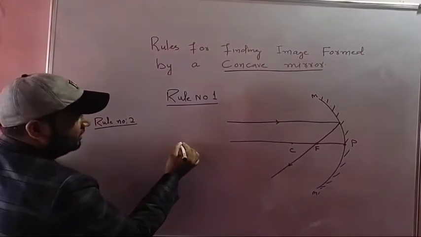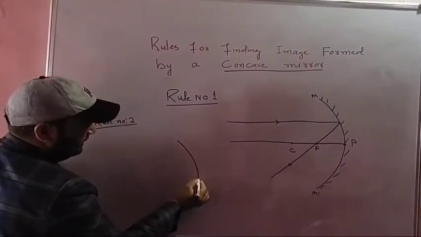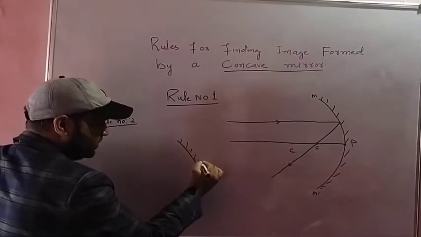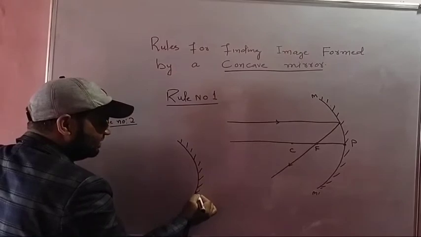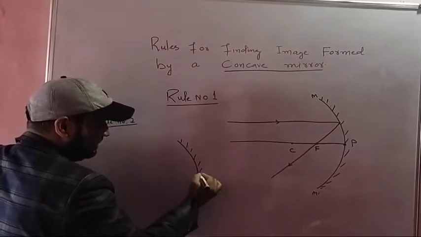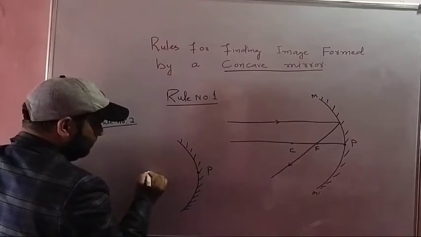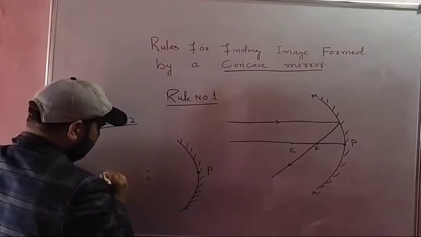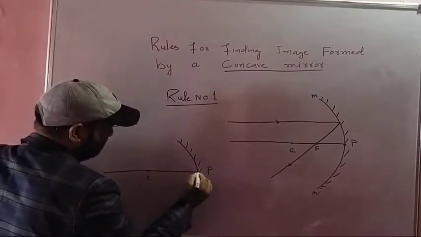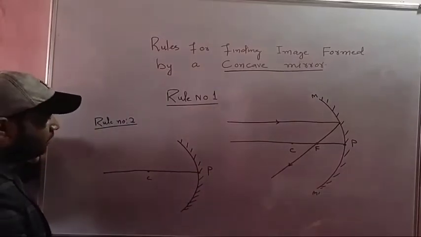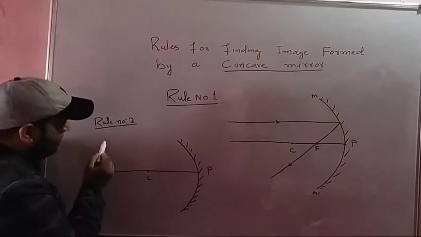Again, you have to draw the mirror. I will draw like this. I hope you are not only watching, but you are also learning something important, okay? This is pole. This is center of curvature. Again, the line that joins these 2 points, that's called the principal axis. What is rule number second?